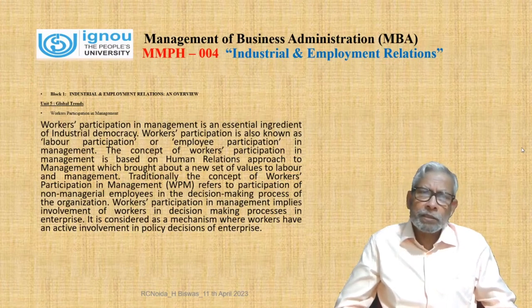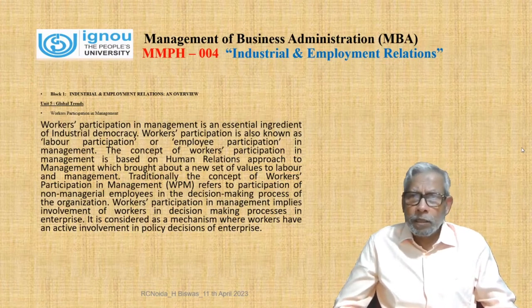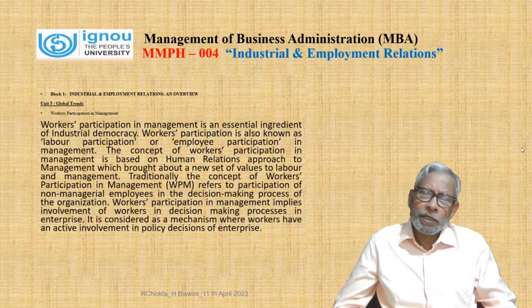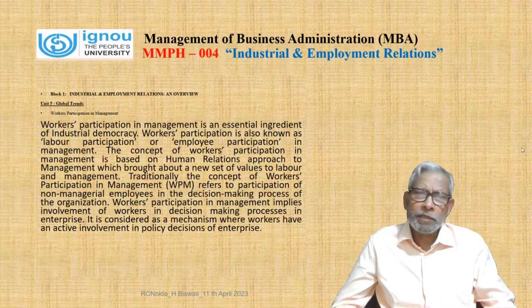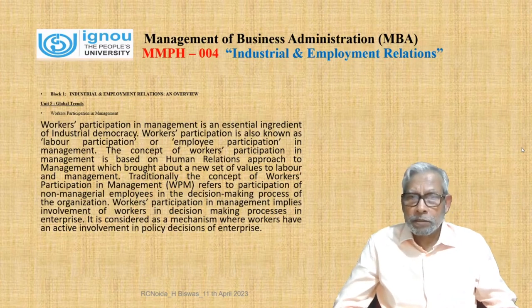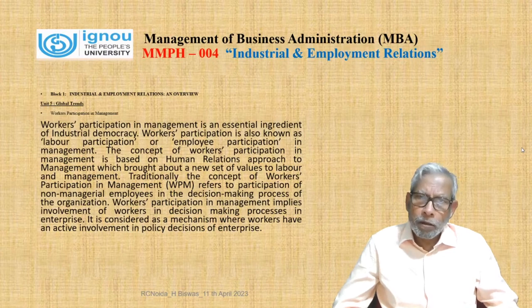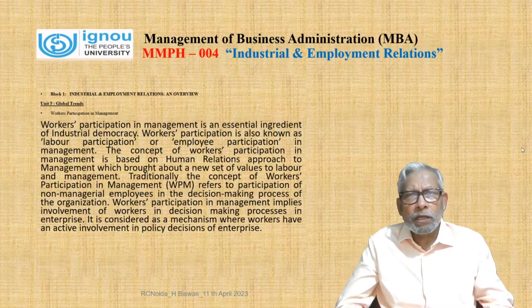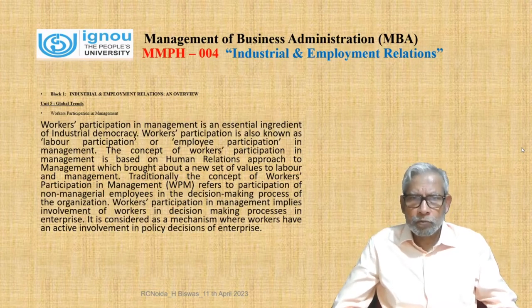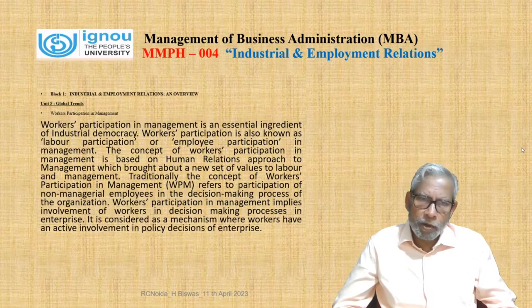Whatever it is, employers can be a government, a state government, private, or an individual. Similarly, the other way, the laborers and workers, basically they are all employees. So there are two categories, one employer, one employee.